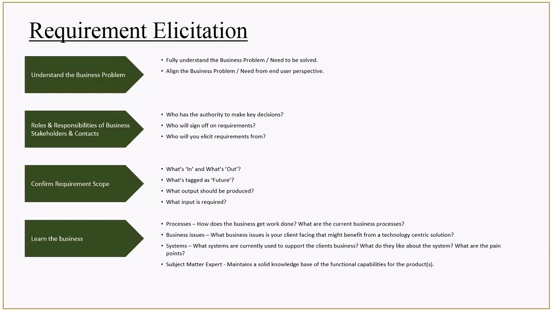Prepare a tracking sheet or matrix where we write down what's in scope, what's out of scope, and what's tagged as future scope, what output should be produced for each of these scope items, what's the expectation from the business, and what input is required to achieve these scope items.